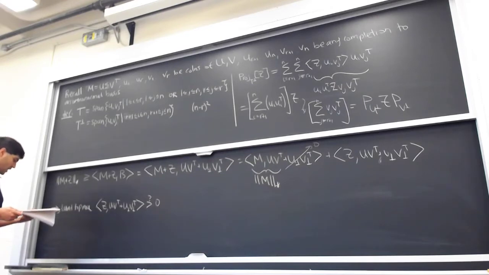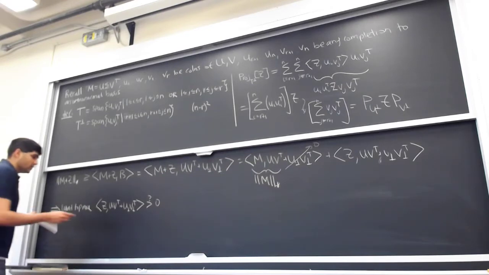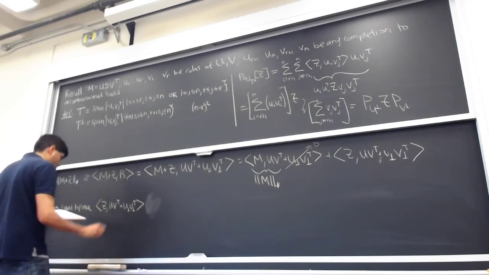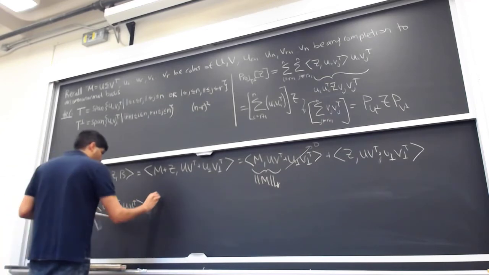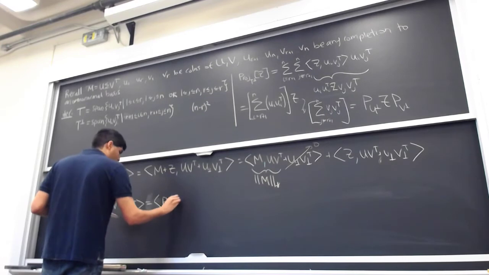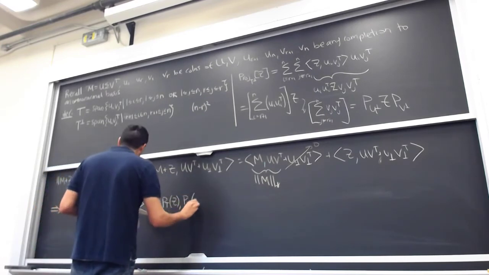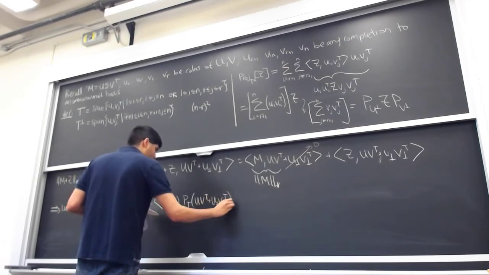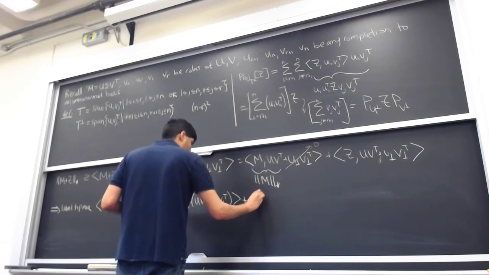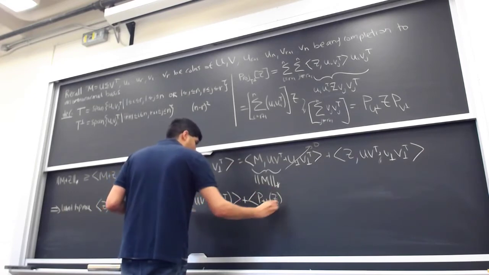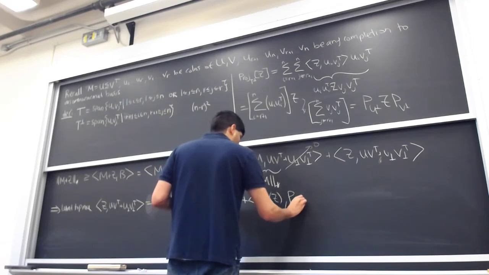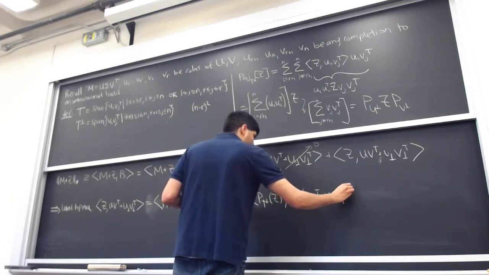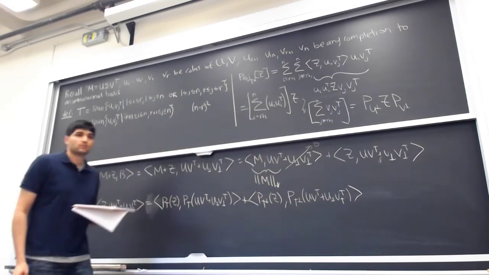So I claim, and you should tell me why, that this is the same thing as the inner product of P_T of Z with P_T of UV transpose plus U perp V perp transpose, plus the inner product of P_T perp of Z with P_T perp of UV transpose plus U perp V perp transpose. Why is that true?